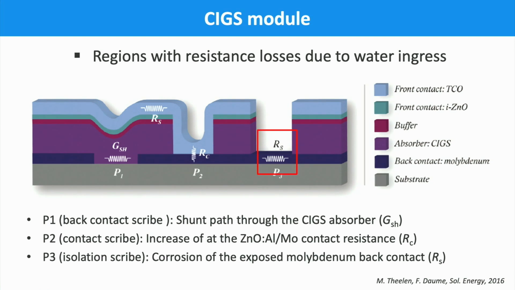P3 is the isolation scribe. As mentioned, a non-conductive molybdenum oxide layer at the top surface of molybdenum can be formed, thus influencing the P3 area. In case the oxide layer becomes thicker, it can impact the lateral conductivity, resulting in a module degradation caused by a higher series resistance.